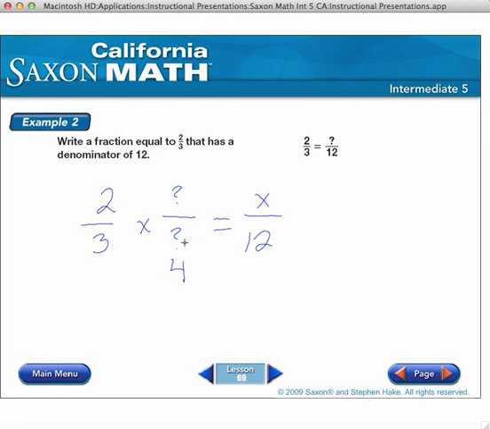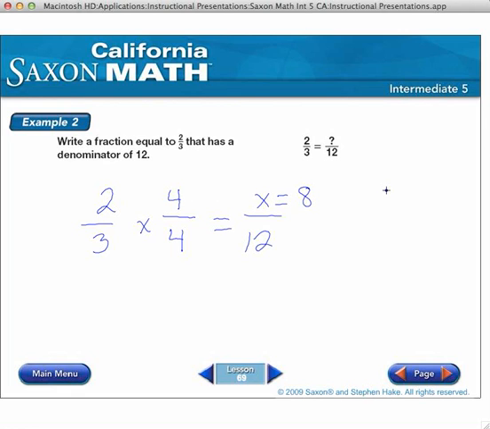So this, actually we're going to move this. So this denominator is going to become a 4. There's step 1, I found my denominator. Step 2, make the fraction equivalent to 1. So my numerator also becomes 4. And now I multiply the numerators. 2 times 4 then equals 8.